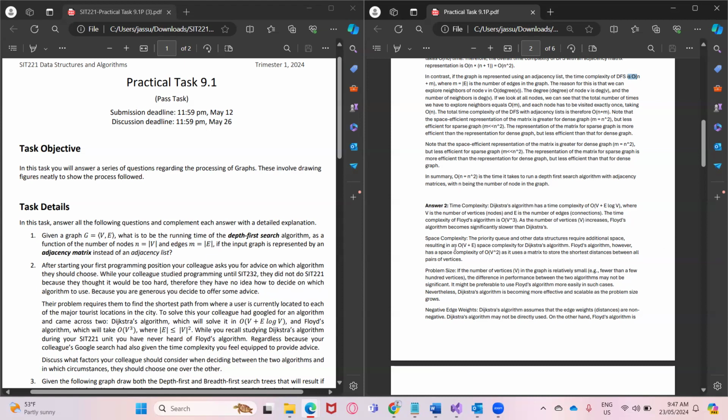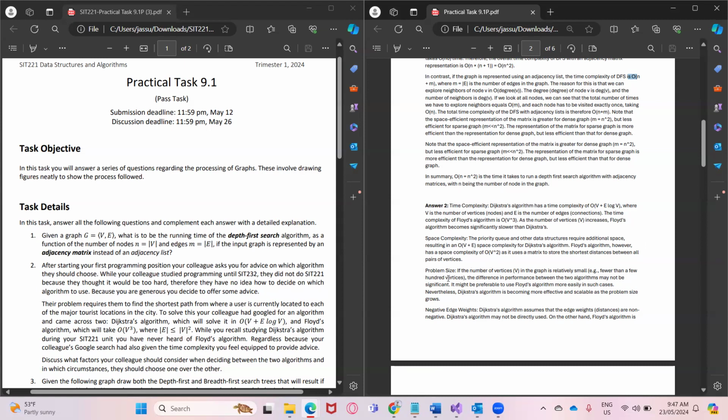In contrast, Floyd's algorithm uses a matrix to store the shortest distance between all pairs of vertices, leading to a space complexity of O of V square.